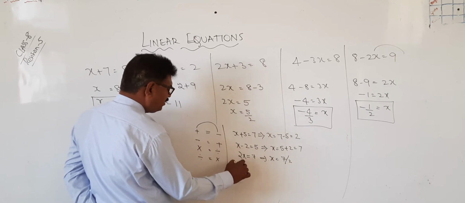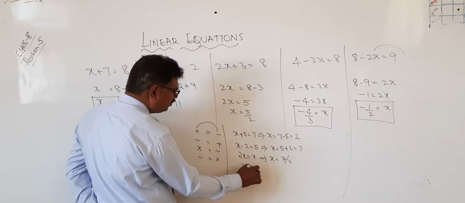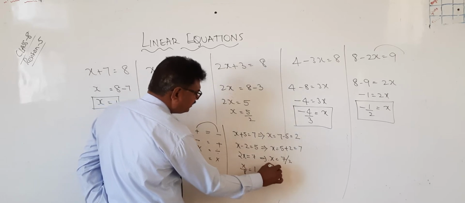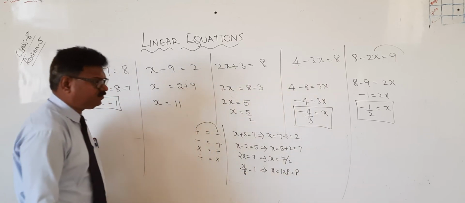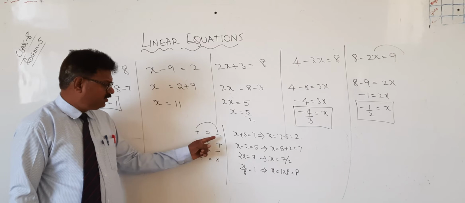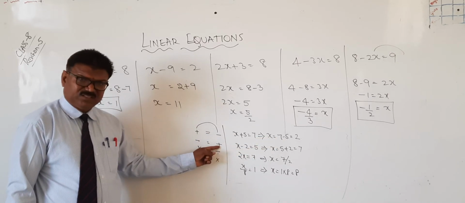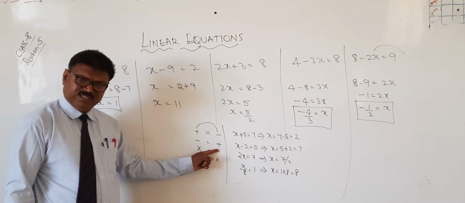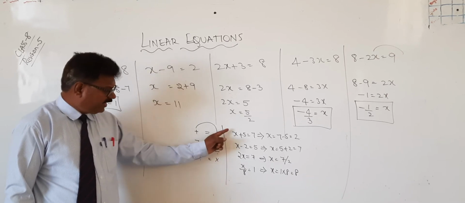Here you see x divided by 8 equal to 1, which implies x equal to 1 into 8 is equal to 8. Okay? Therefore, you see plus to minus, minus to plus, multiplication to division.